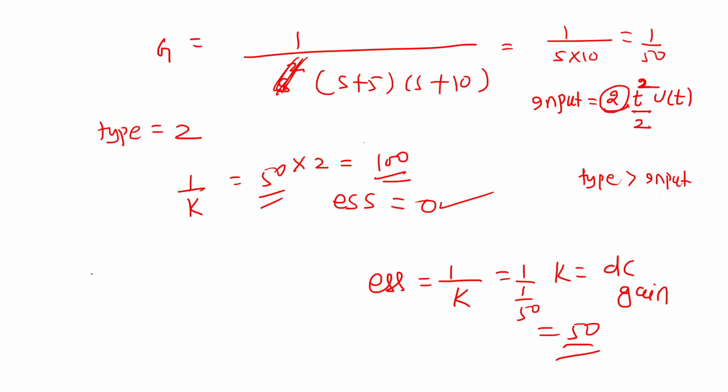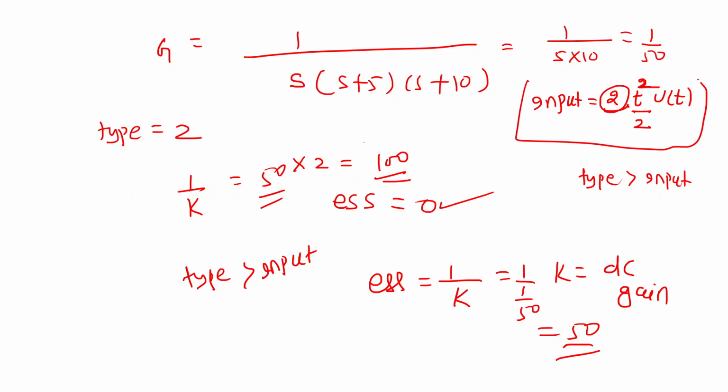If they do ask, then also you can see whether type is greater than input or type is less than input. Let me give an example. Suppose your type is 1 here, s, and here the input I am giving is this one. What is the answer? Sir, infinity. So directly you can see the answer is infinity, meaning steady state error does not exist.